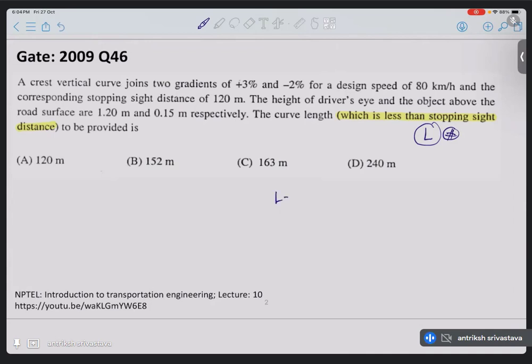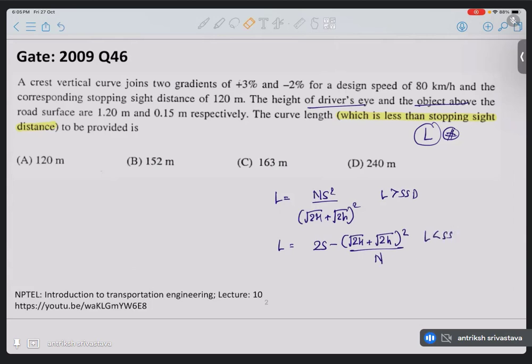That is, L is equal to N S square by (root under 2H plus root under 2h) square when L is greater than SSD, and L is equal to 2S minus 4.4 divided by N, where 4.4 is a standard when nothing is given to you, neither the driver's eye height nor the object height, but basically the original formula is this. So this is the formula we use when L is less than SSD.